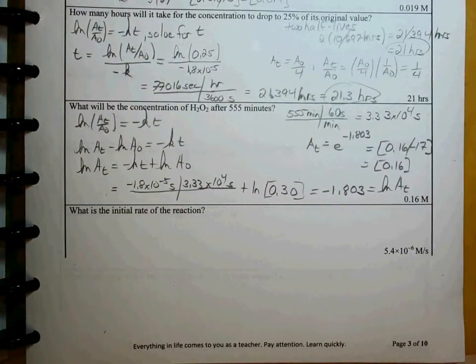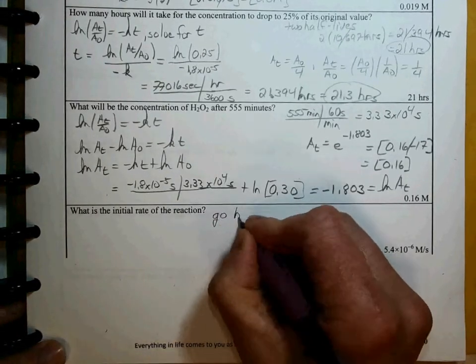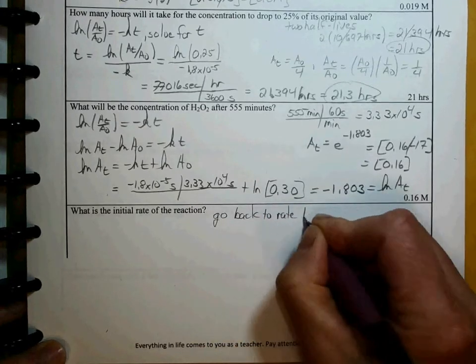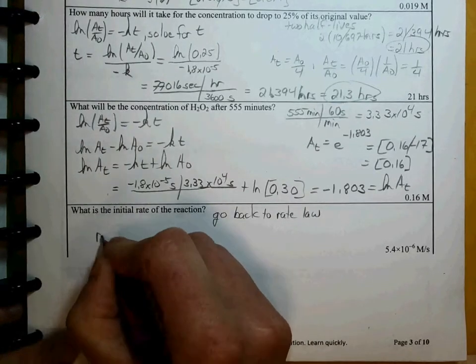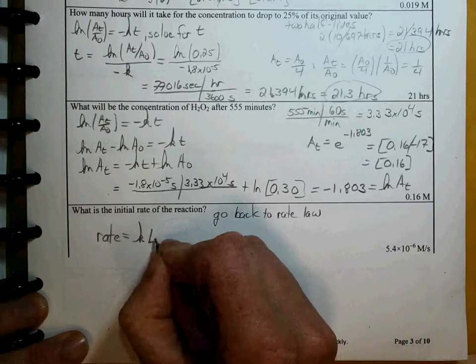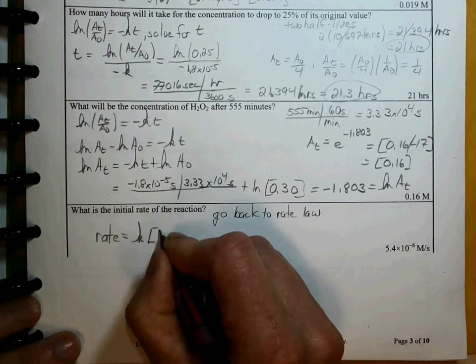Finally, the initial rate of the reaction. Here we have to go back to the original rate law. This is a first order reaction, which means that our rate is going to be equal to k times our initial concentration of H2O2.